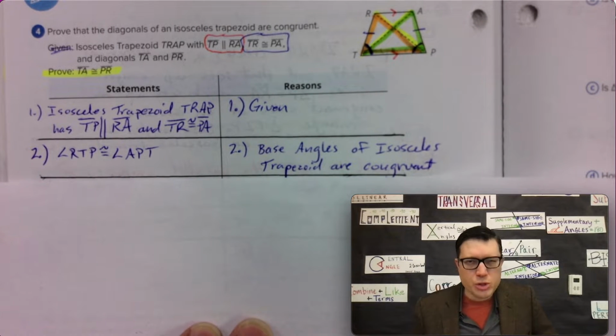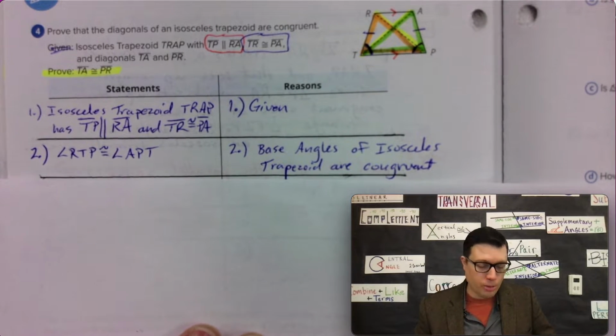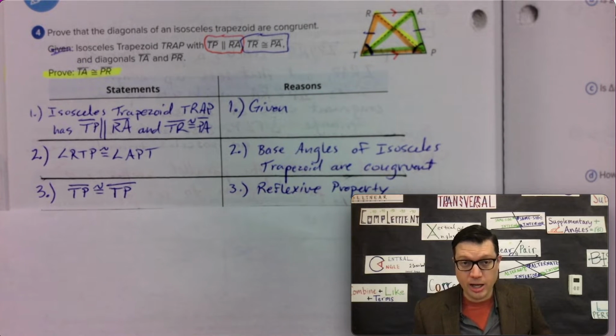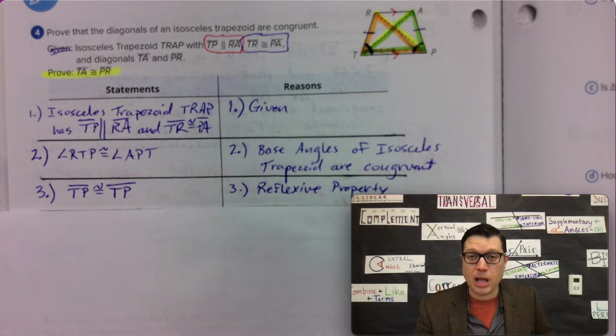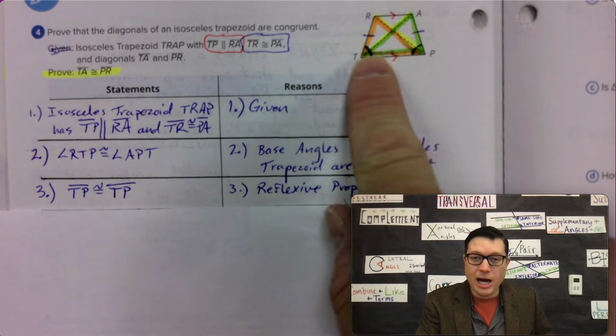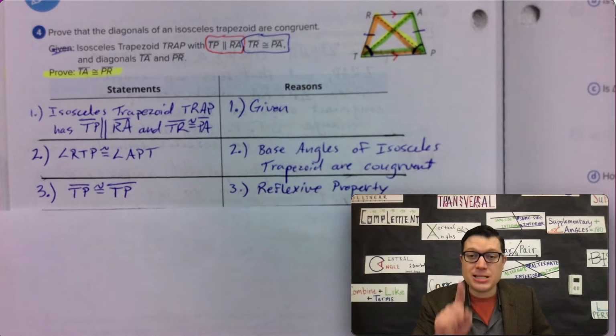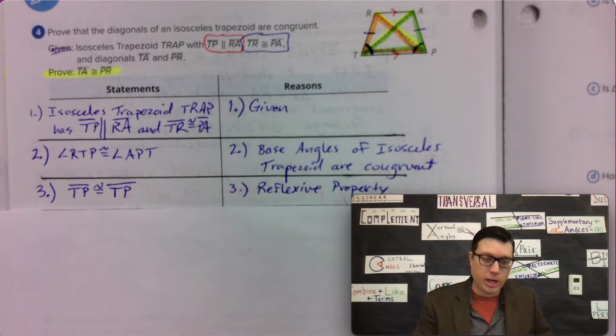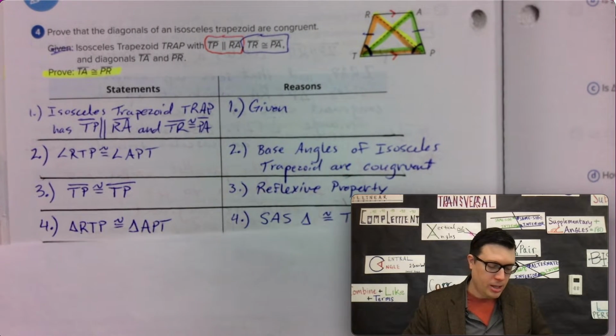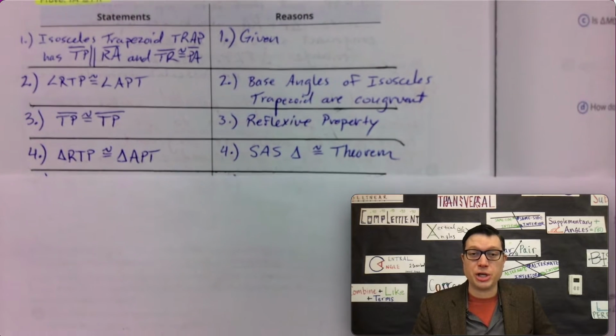We're almost there. We're two-thirds of the way forward with our proof. And the last one, TP is the same line on both triangles. It was highlighted both orange and green. And so because TP is the same line for both triangles, reflexive property, that therefore means that the triangles are actually congruent.